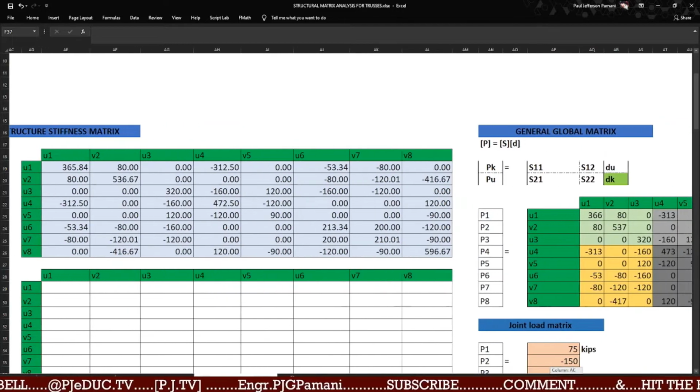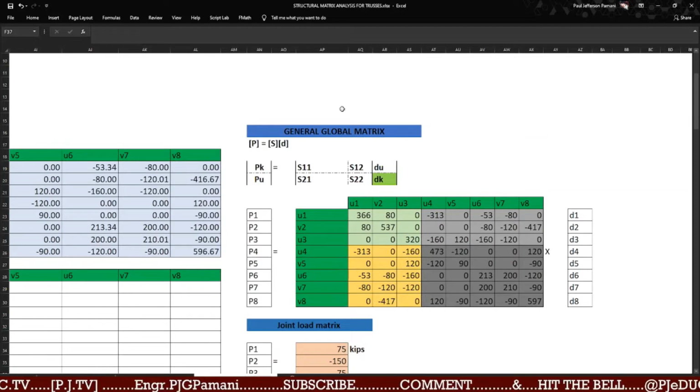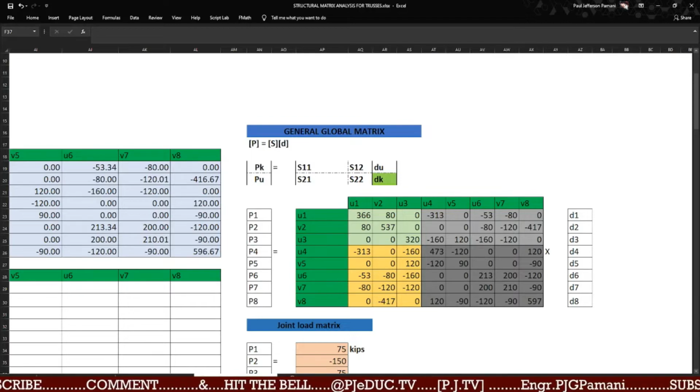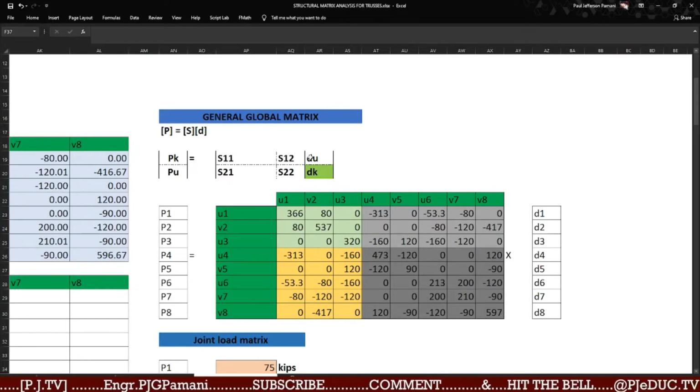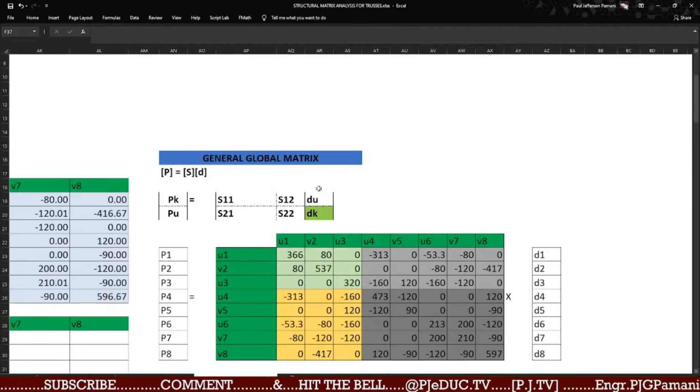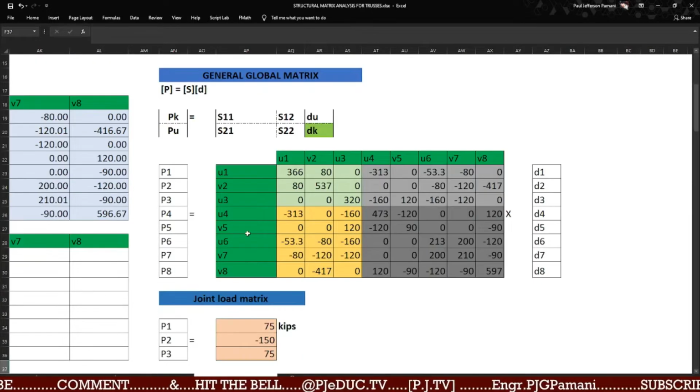After identifying the general global stiffness matrix, you can then perform the partitioning of matrices. By partitioning of matrices, identify the known forces on our truss system, the unknown forces, the unknown deflections, and the known deflections, just like what we did from example number 2. Then partition them, classify them.